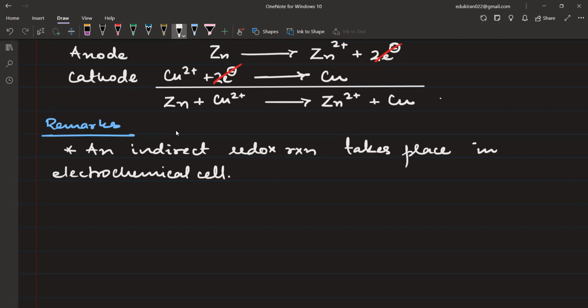So what is an indirect redox reaction? The redox reaction in which oxidation and reduction occur in different compartments or different containers is known as indirect.